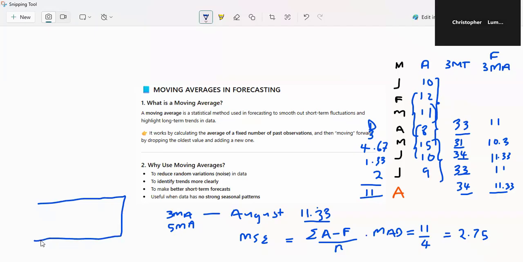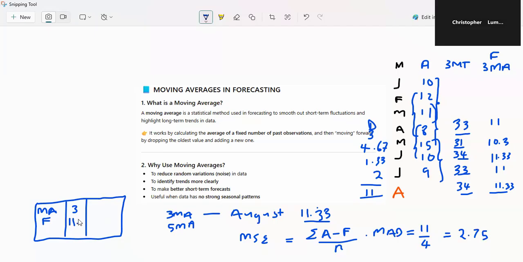Then you compare. Okay. So which moving average are we looking at here? We have the 3 moving average. So what was the forecast? The forecast was 11.33.